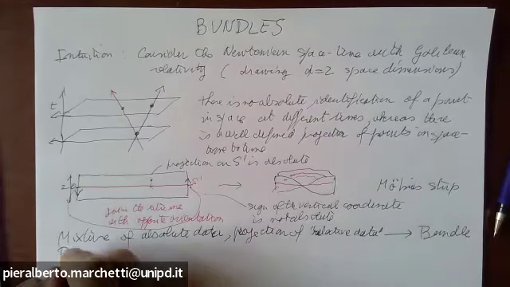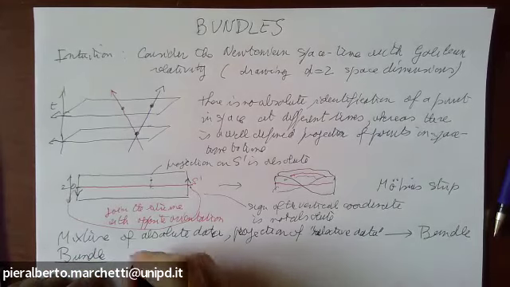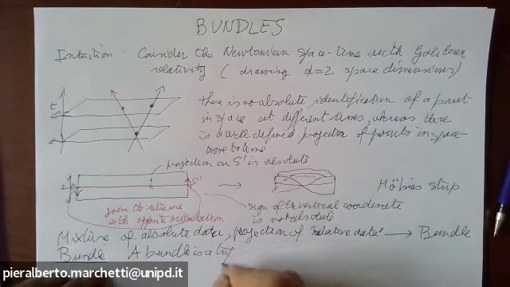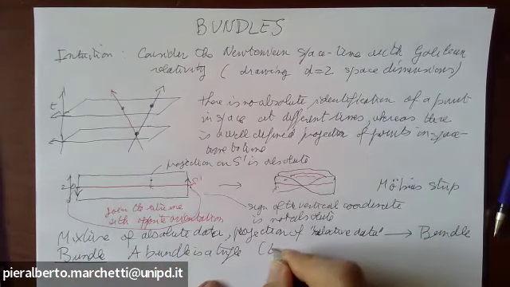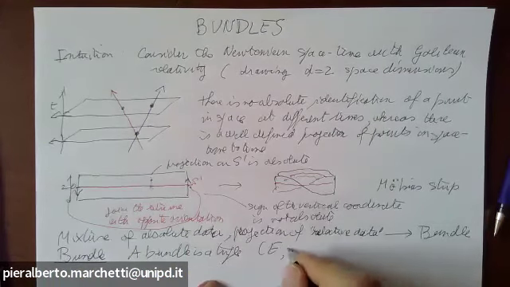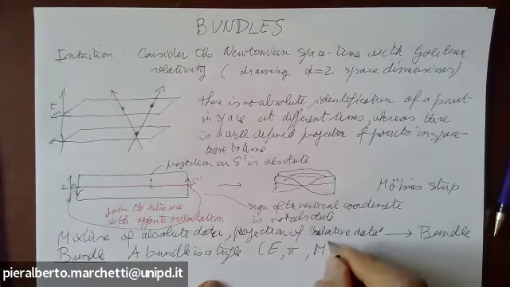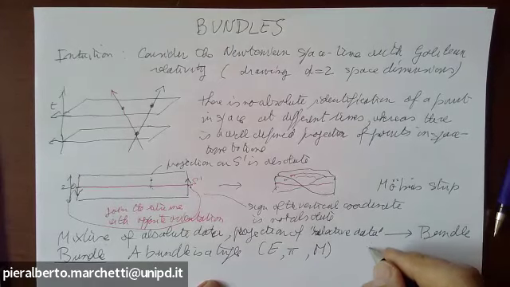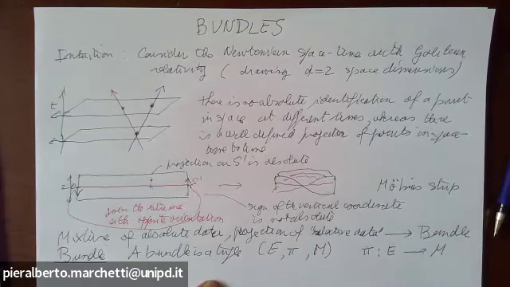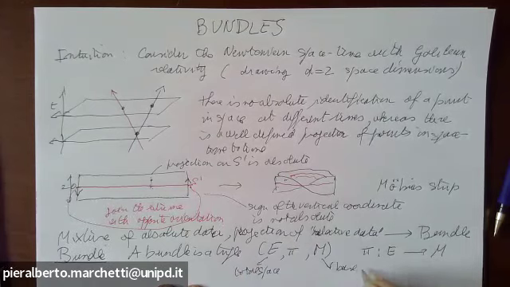So what is, more mathematically, a bundle? You can recognize the above as a bundle. A bundle is a triple where there is a space E, a projection pi, and a space M, where the projection is from E to M. E is called the total space, and M is called the base space.